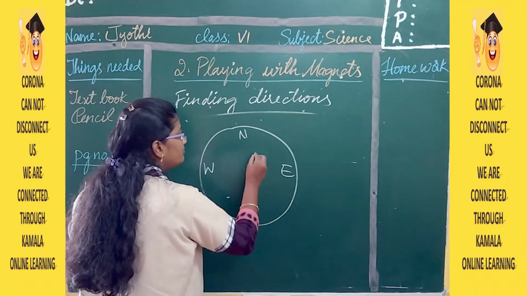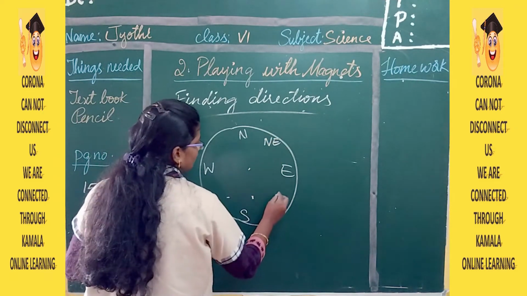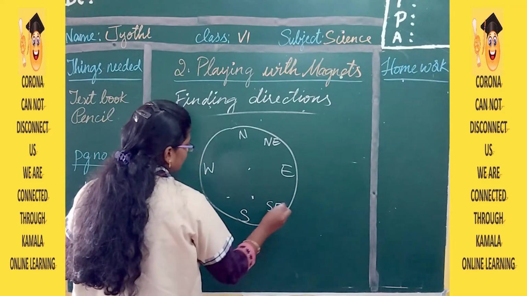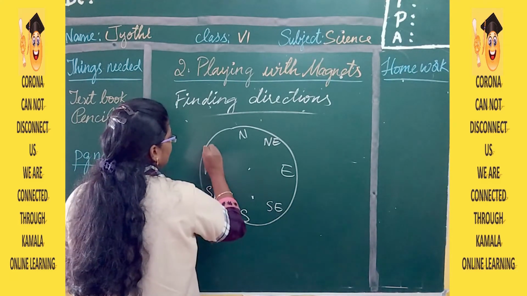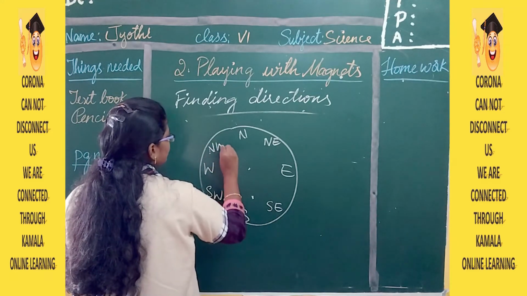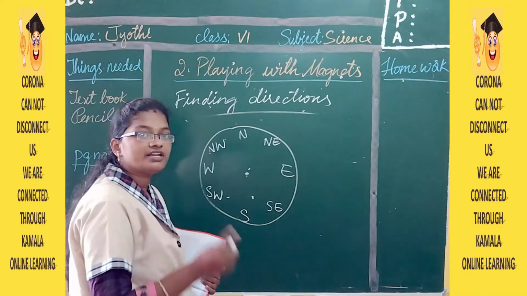They even show the sub-directions, like northeast, southeast, southwest, and northwest. And here in between you have a needle.